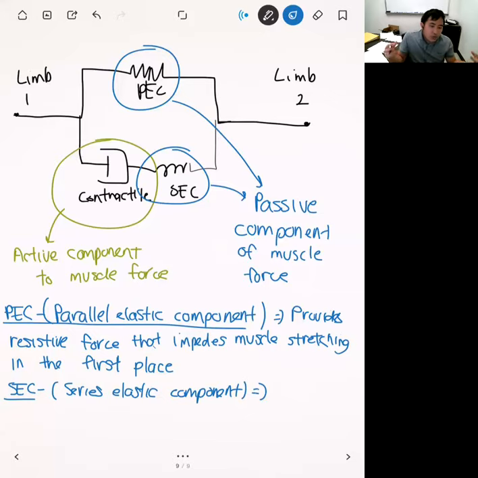And so as the muscle is stretched, the energy that you use to stretch the muscle is kind of stored as a potential energy inside the spring, right? And so when the muscle finally contracts, then that potential energy is released, and then you can have this kind of elastic force enhance the muscle contraction. Okay. Right.